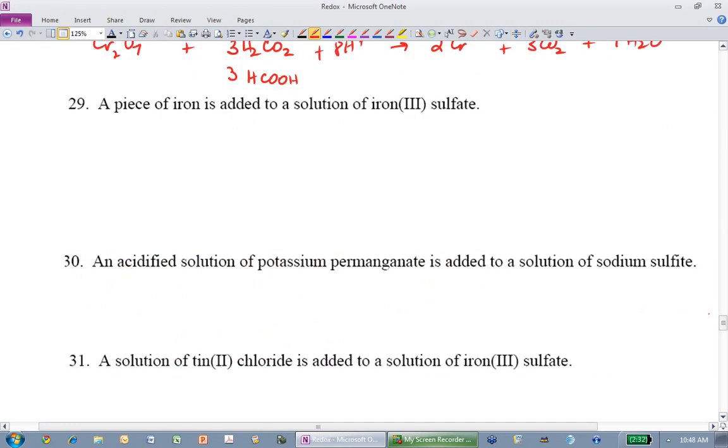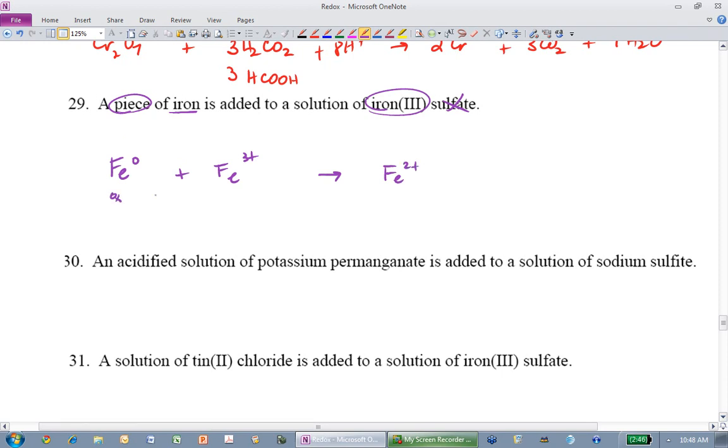Oh, finally, an easy-greasy one. A piece of iron, solid iron, is added to a solution of iron 3. The only thing that metal iron and iron 3 can do in a redox situation, because this is just weird adding iron to iron, this being a spectator, is that we're going to have a comproportionation reaction, where we have Fe0 plus Fe3 plus going to Fe2 plus.